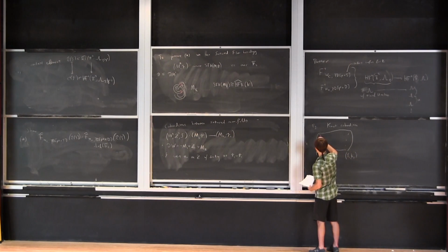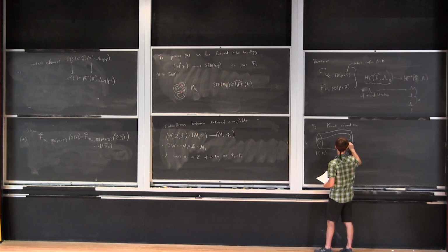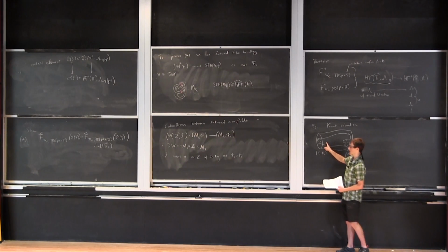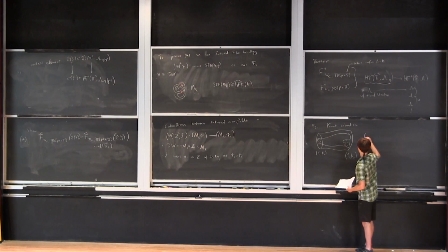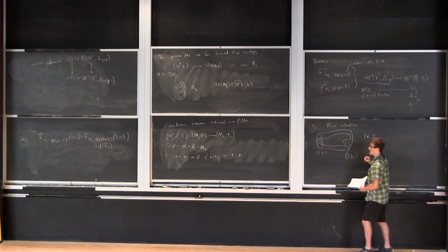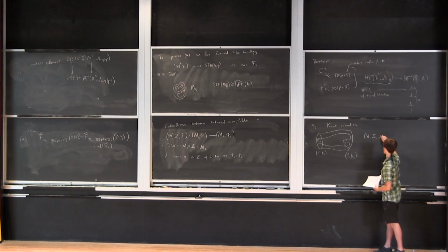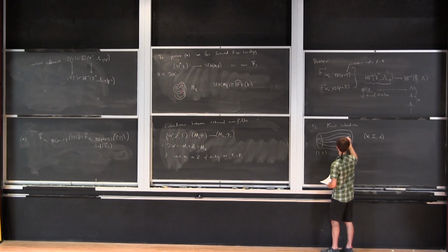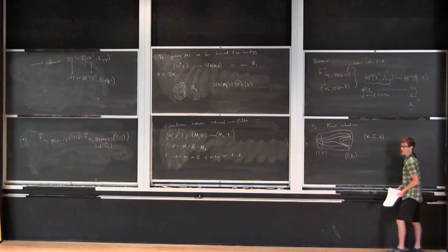Let me put a knot in here. Well, it's a surface contained in a four manifold. So it's a pair consisting of a four manifold, a surface, and then also a dividing set on the surface. So it's a collection of arcs that run from one boundary component to the other, so they divide the surface into two pieces.